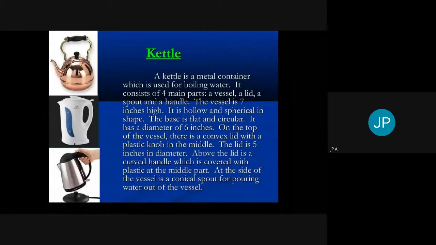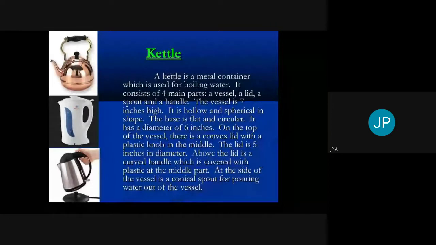So what is it? First, there is a definition and its use. How is it defined? It is defined as a metal container. And what is the use? It is used for boiling water. Then there is a description of the different parts of the object.